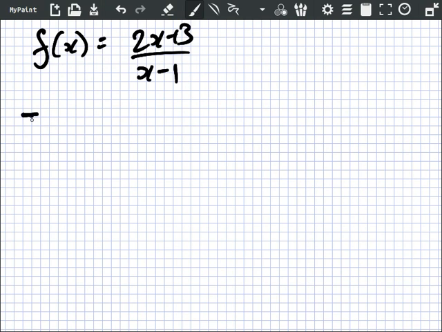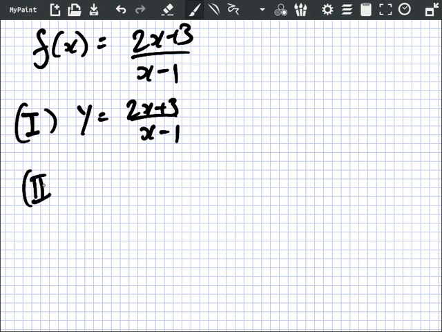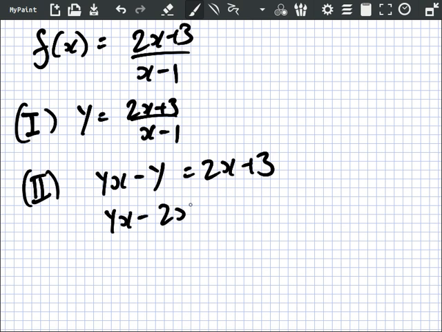So step 1, you make y equal (2x plus 3) over (x minus 1). Step 2, you solve for x. So that's yx minus y equals 2x plus 3. So that's yx minus 2x equals y plus 3.